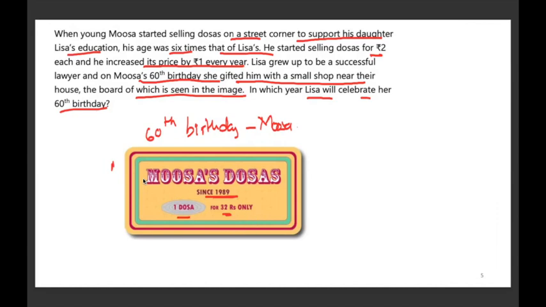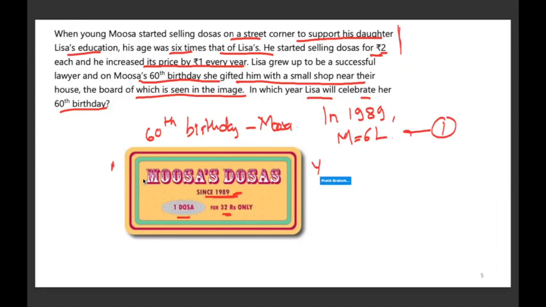What we also know is that when he was young and started selling dosa, which means in 1989, the year he started, Musa's age was 6 times that of Lisa. This is the first statement that is given. Also, we know he started with 2 rupees.